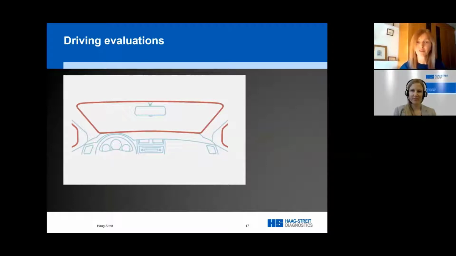Another example for us is cases where there's a big difference between static and kinetic visual field results, so-called statokinetic dissociation, which we do see. The kinetic assessment would show that actually there's quite a reasonable field of vision, whereas the static test shows an awful lot of losses.